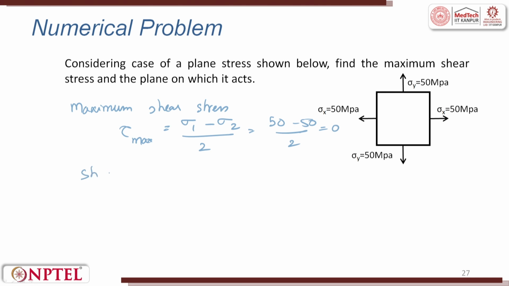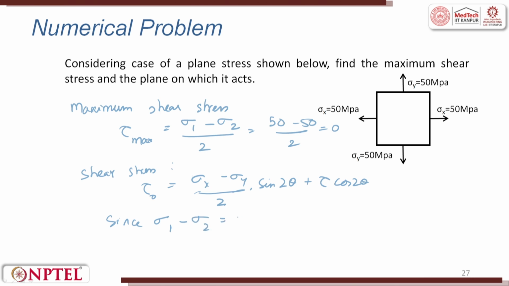And shear stress will be nothing but tau naught, which is sigma x minus sigma y by 2 into sin 2 theta plus tau into cos 2 theta. Since sigma 1 and sigma 2 are equal, tau max is equal to 0 in all directions.